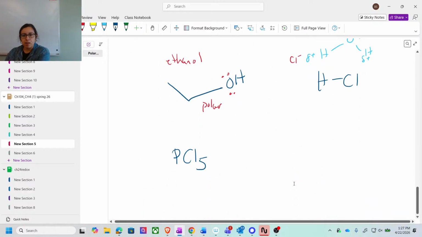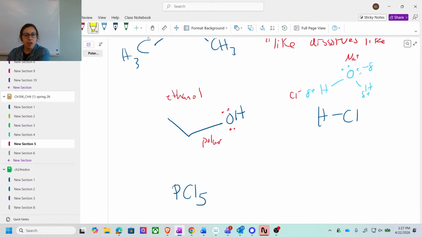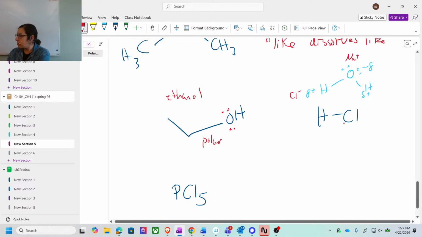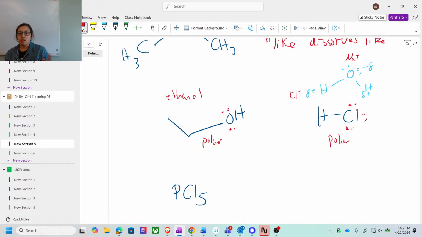Anyways, just fun facts to think about in solvent picking. So polarity matters. All right, going back to HCl, what did we agree on this one? Polar and good, same thing. You saw me mixing the HCl this morning, and of course it was miscible in water, so I did dilute it with some water. Again, polar, like dissolves like.